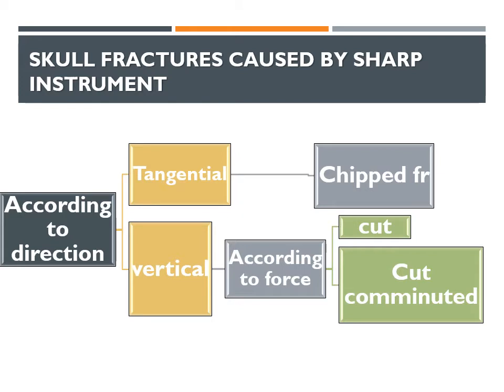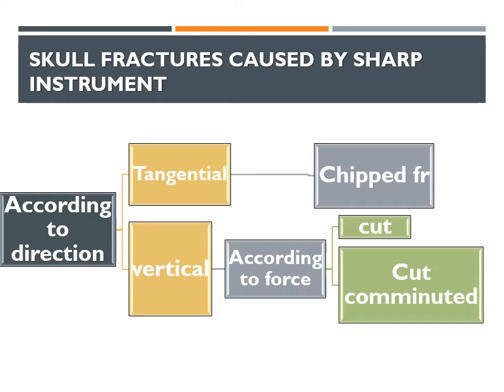So skull fracture caused by sharp instrument is divided according to the direction of instrument, may be tangential direction, making what's called shaved fracture, or vertical direction, meaning perpendicular on the head, making what? Making fracture, named as cut fracture or cut comminuted fracture.